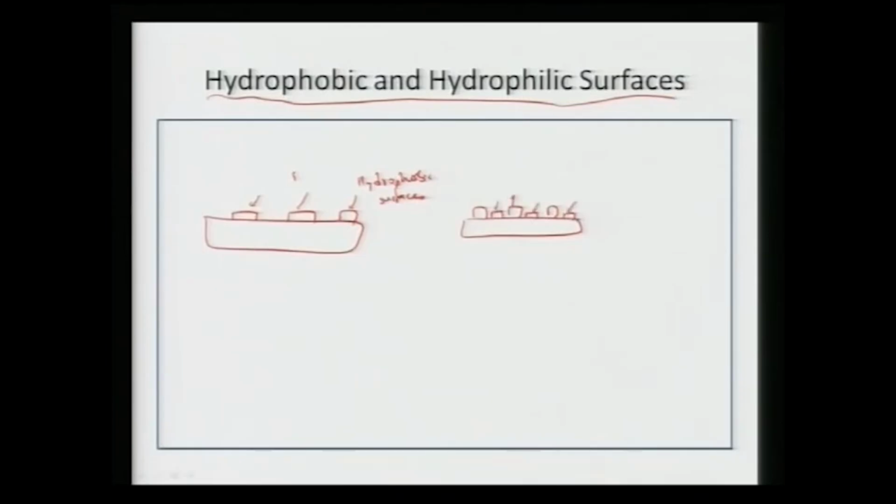So, we have phobic regions. So, we can have a CH3 group here, whereas we have an OH group. So, this is hydrophobic, whereas these surfaces are hydrophilic.